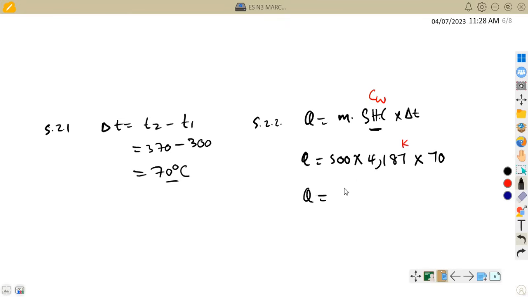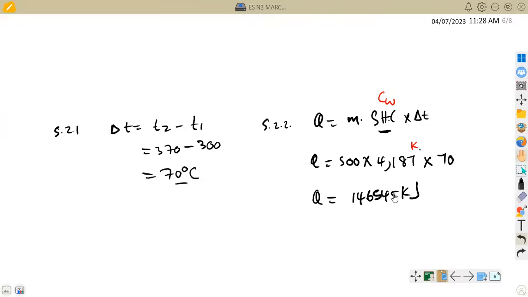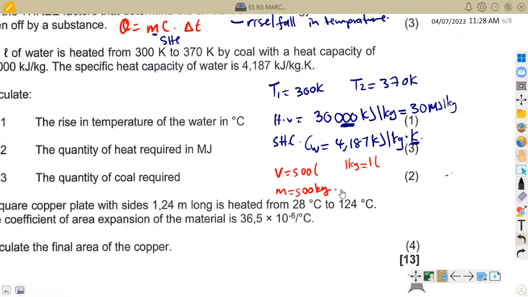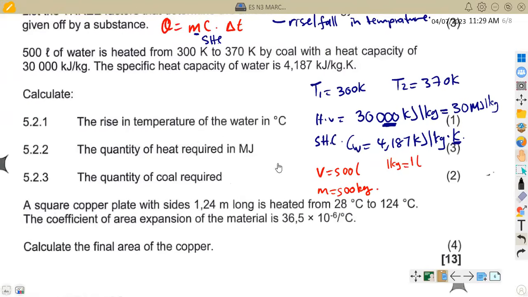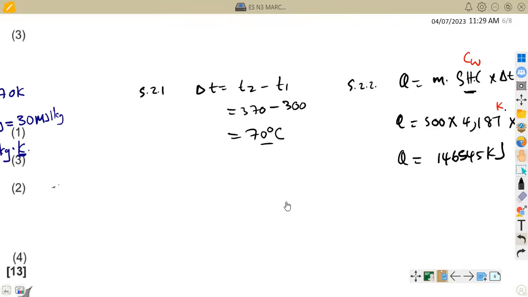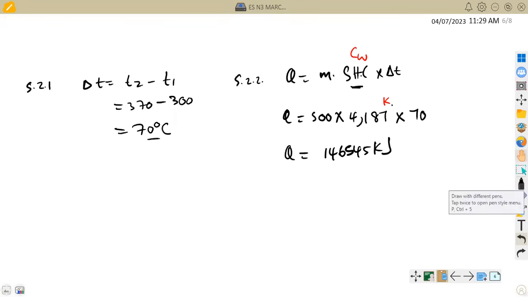So we are going to have our Q. If we multiply, this is going to give us 146,545. Remember, if you multiply with this kilo, your answer is going to be in kilojoules. Also, we are asked this in megajoules, so you're supposed to change this to megajoules. Kilo is times 10 to the power of 3, so we need another kilo here. So our answer is going to be 146,545.